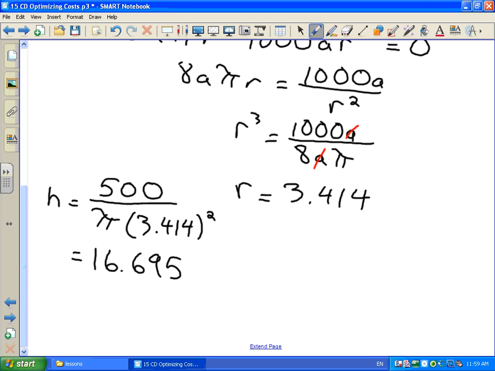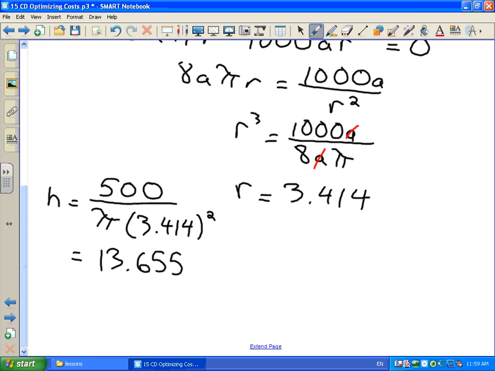Double check my math there for the height calculation. 500 divided by pi. Yeah, 13.6 is the height. How much? 13.6. Yeah, and I wrote down 16, even though I've got 13 in my notes here. I don't know what I'm doing.